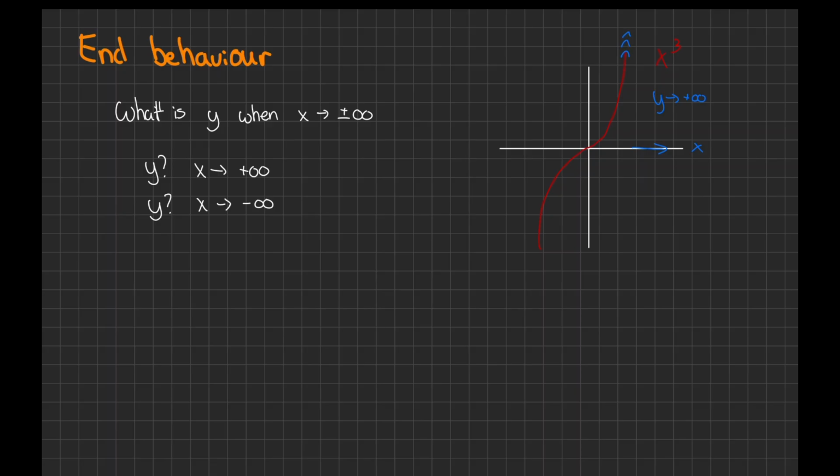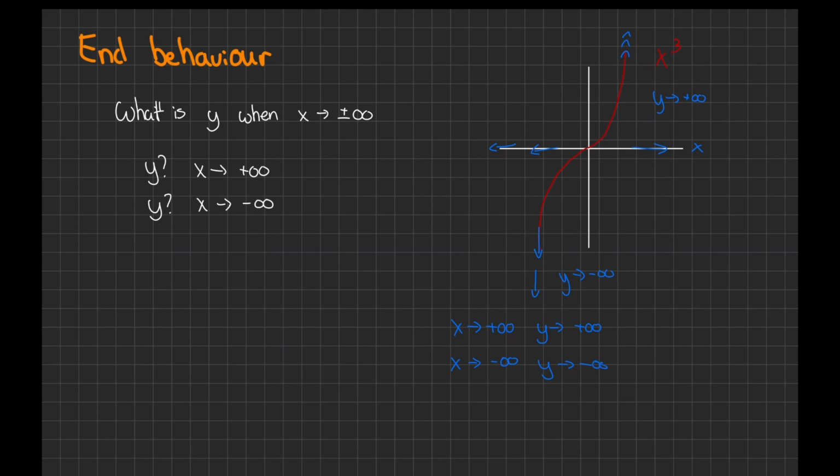But if we look on the other side, this is still x, and if we go down here, we see when x goes to negative infinity, y will also go to negative infinity. And so we can summarize that just by saying when x tends to positive infinity, y will tend to positive infinity. When x tends to negative infinity, y will tend to negative infinity.